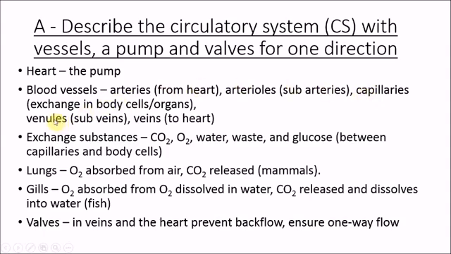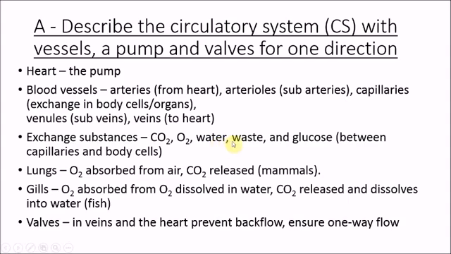Through this, it will go through venules, which are like subveins, and then these will join up into larger veins on the way back to the heart. The main thing is arteries come from the heart, capillaries are for exchange, and then veins are back to the heart.